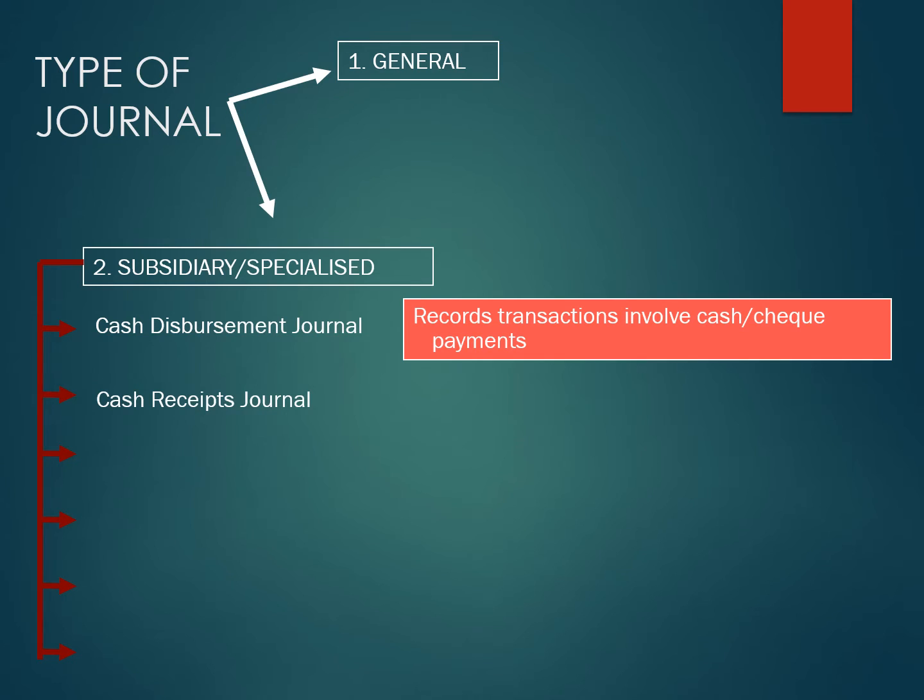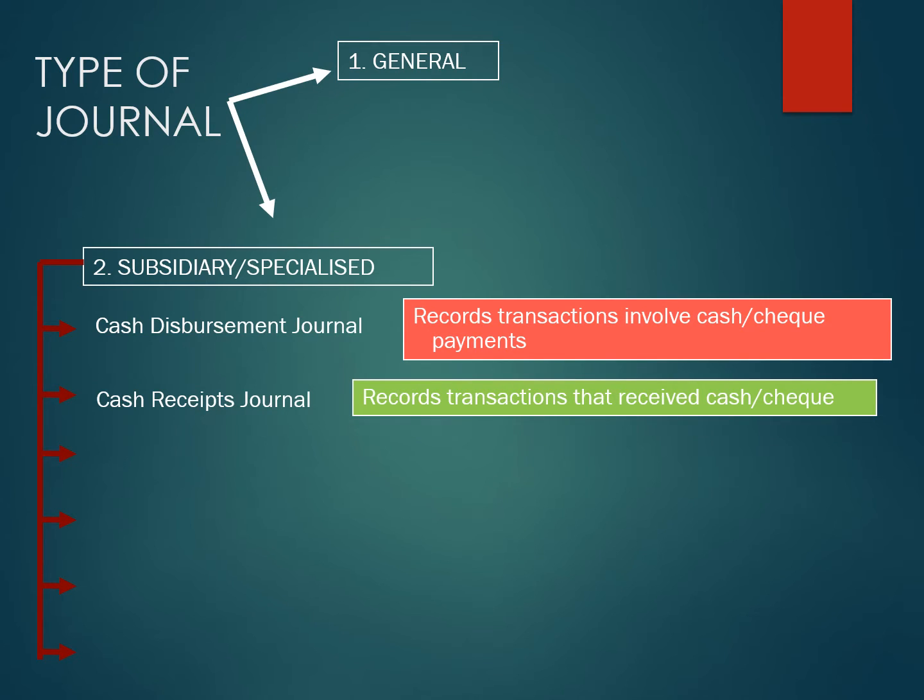And the cash receipt journal records the transactions whenever we receive any cash or any payment in the form of check or transferred into our bank account. So any time that the business receives money, it must be recorded in the cash receipt journal.